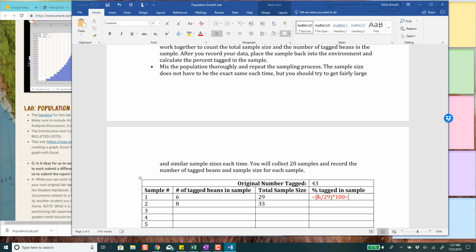Let me do this on my calculator. 6 divided by 29 is 0.2069.